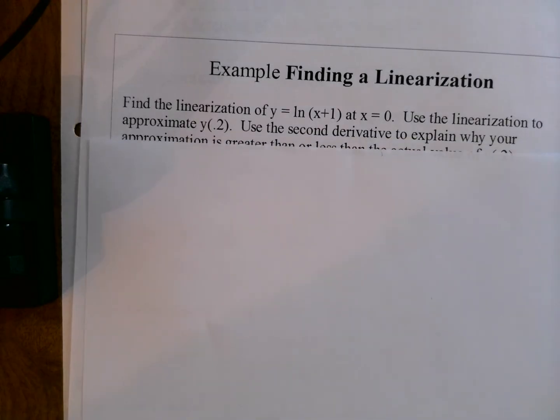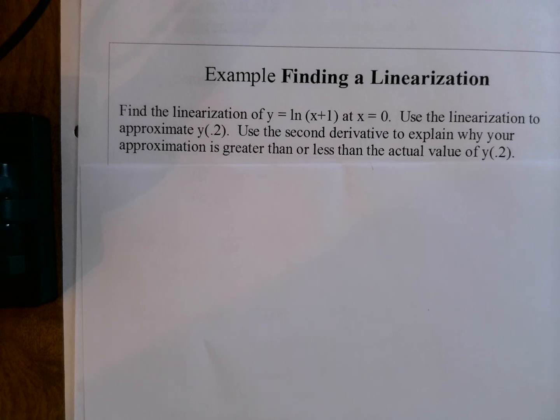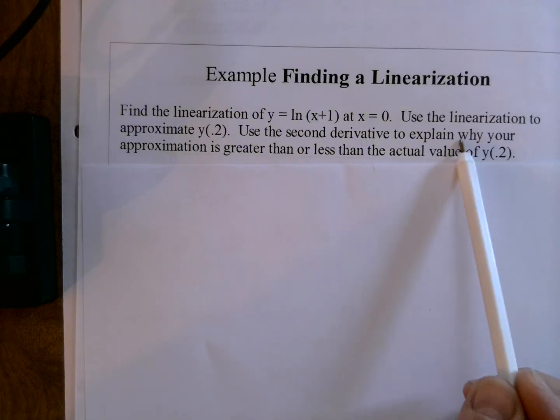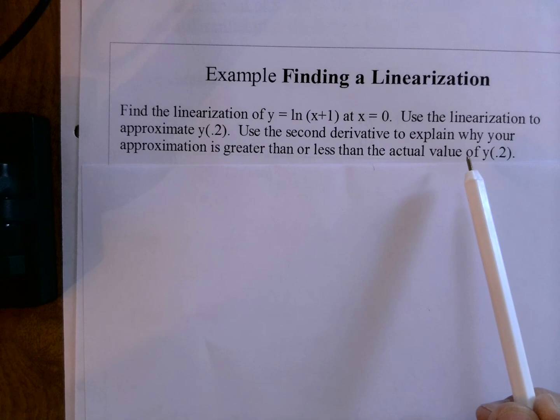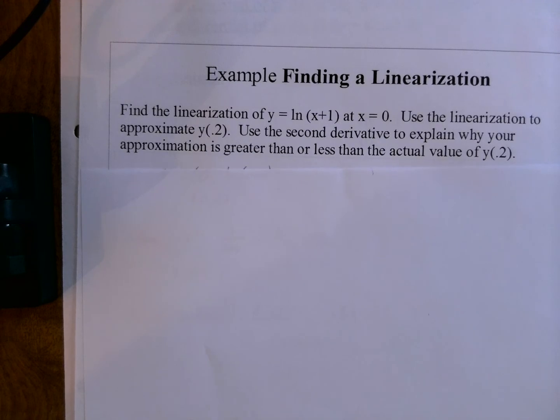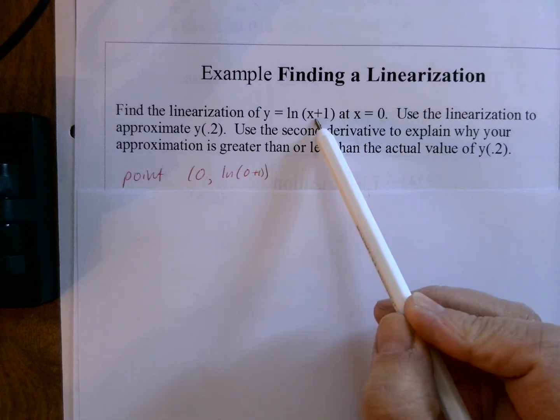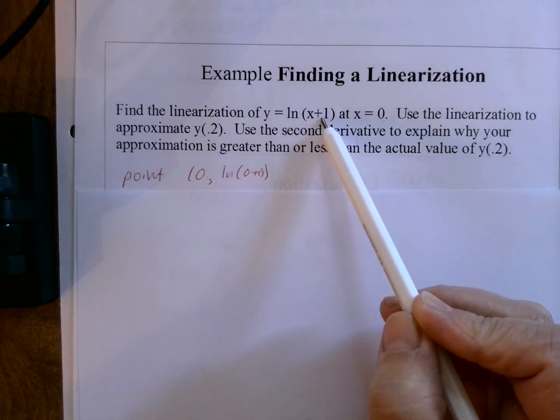Okay, finding the linearization. To find the linearization, that is just finding the derivative and using that to get the slope, plug it in, create the tangent line. Okay, so we need a point and a slope. Plugging in 0 for x, y equals natural log of 1.